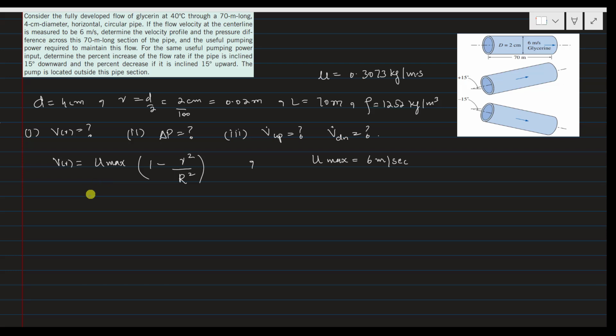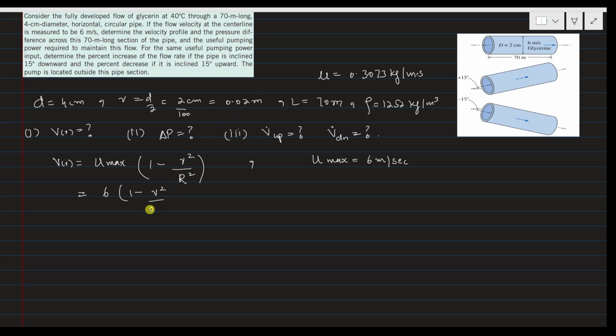So just put it in this formula. It is 6 times (1 minus r square divided by R square). Here R is D by 2, which is 0.02 meter.